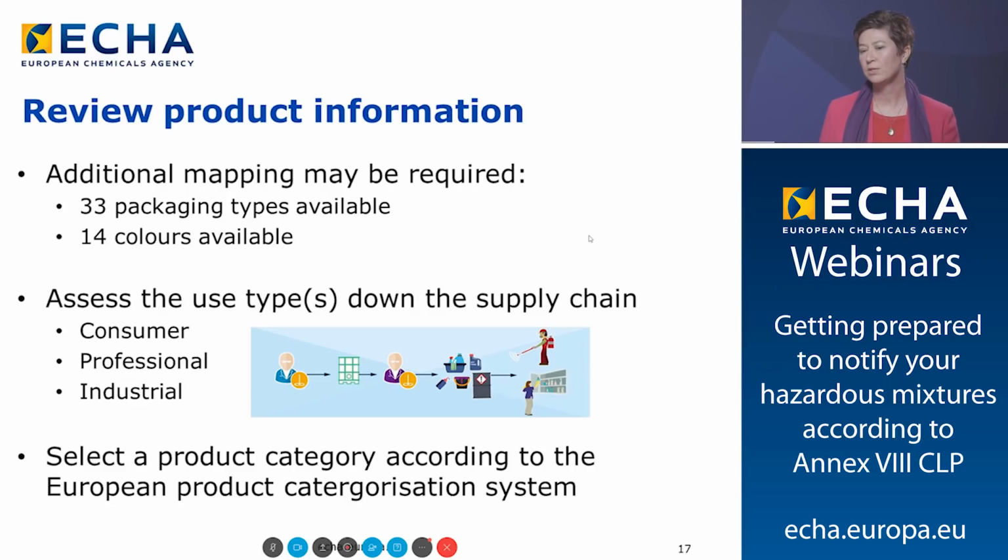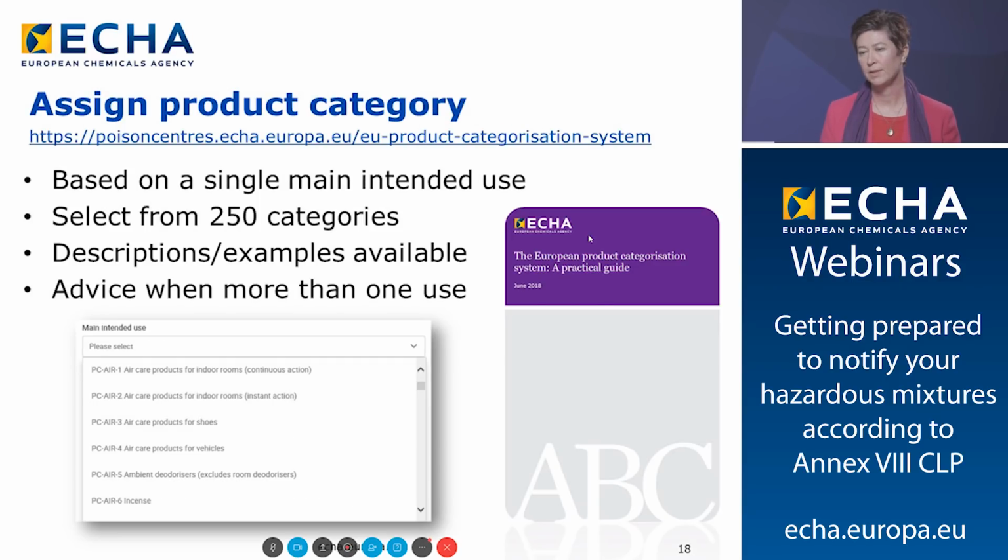You will also need to select a product category according to the European Product Categorization System. This may be a new requirement for some, or it may require some additional mapping. To assign a product category, you need to do this based on a single main intended use.